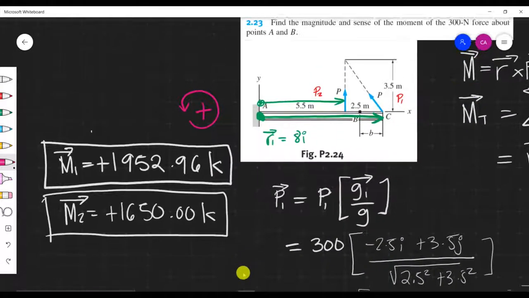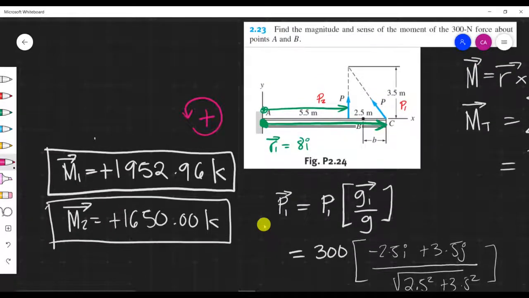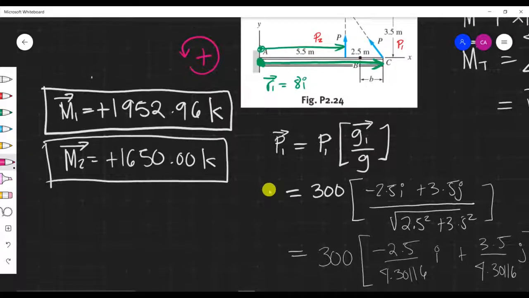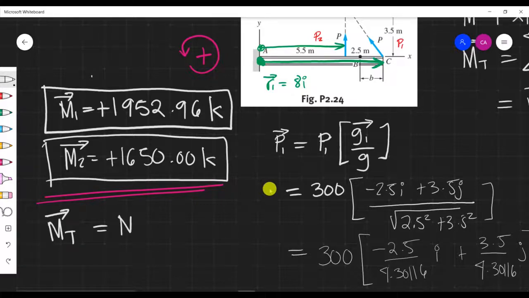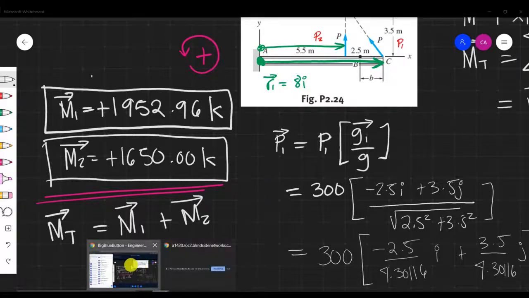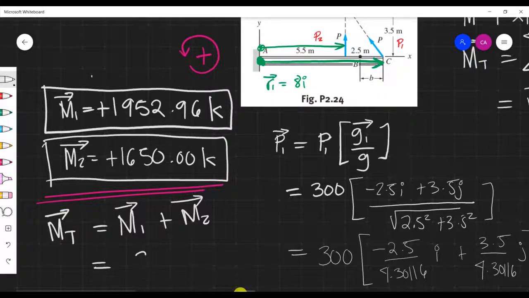Now, ang tanong, what is the magnitude total? Hindi naman natin hinahanap yung magnitude due to a specific force. Ang hinahanap is yung magnitude total. So, ito total mo lang. Paki-total lang. Ganun lang kasimple. So, the magnitude total is equals to the summation ng lahat ng vector. Paki-add: 3,602.96K.